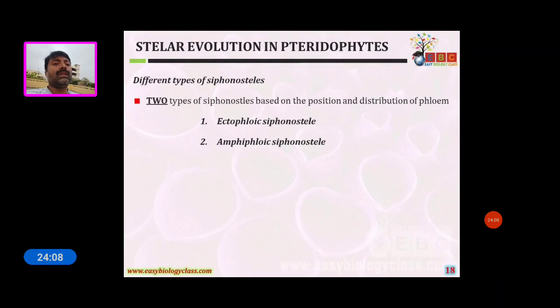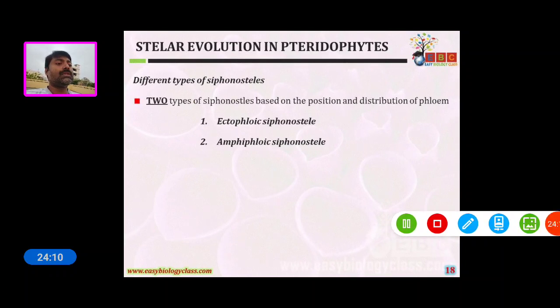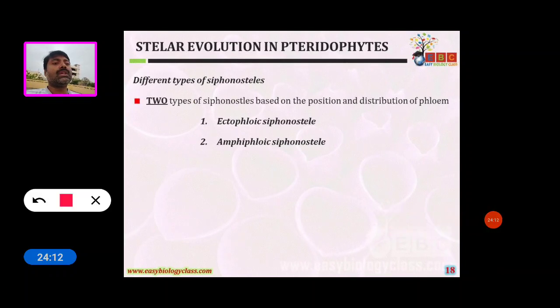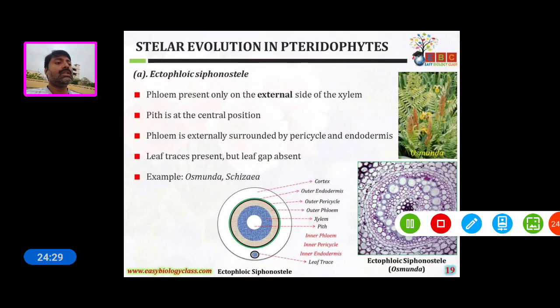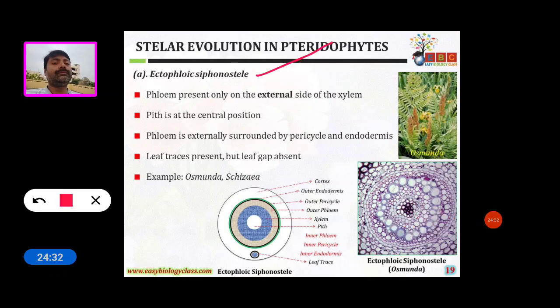Next are the different types of siphonosteles. There are two types of siphonosteles based on the position and distribution of phloem. First is the ectophloic siphonostele and second is the amphiphloic siphonostele. Now see the ectophloic siphonostele.